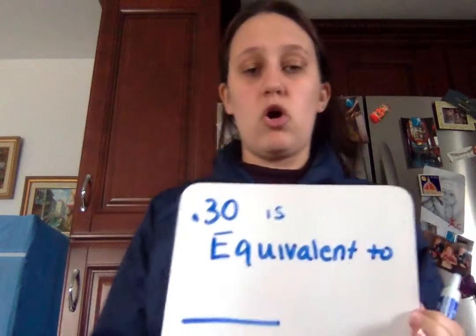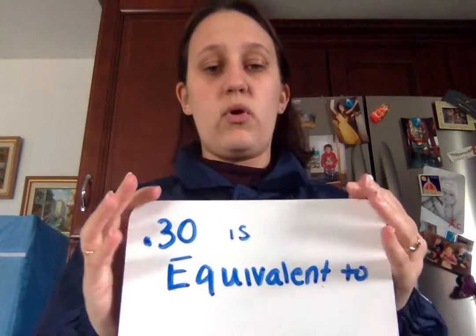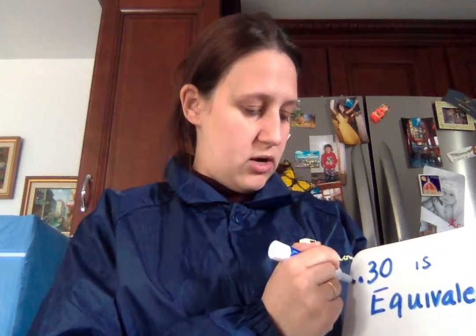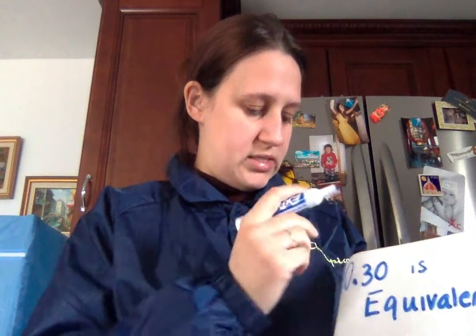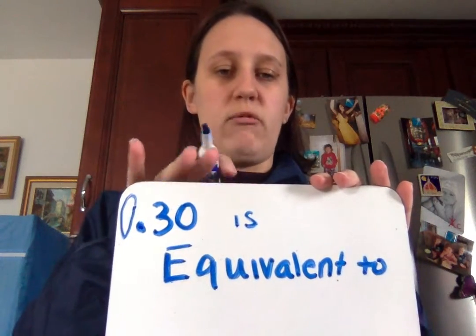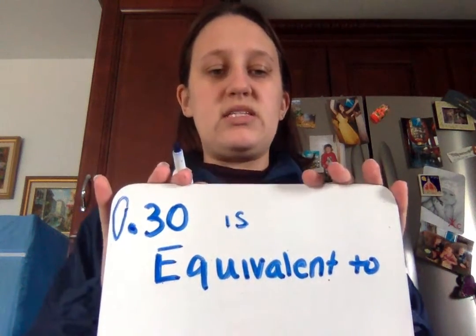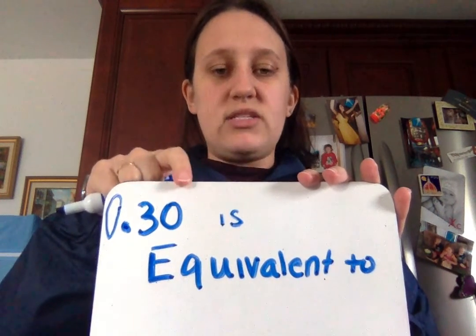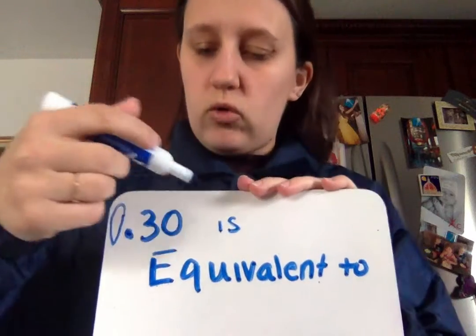Now, let's talk about this problem. So, 0.30. We could actually write it as 0.30 because that's how a lot of you usually say it, but it's the same no matter what. 0.30, 0 wholes, and 0.30 is equivalent to what? Well, I know that I have the 0 at the end, so I can cross him out.